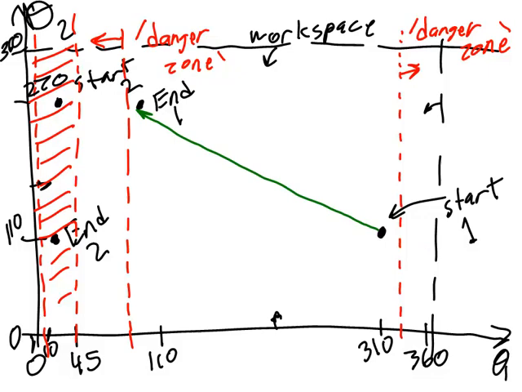Now, sometimes it will happen that your start and end points, or perhaps a point along the path that you want to take between start point and end point, will in fact fall within the danger zone. In that case, we have to be much more specific about which points within the danger zone are actual collisions and which are not.